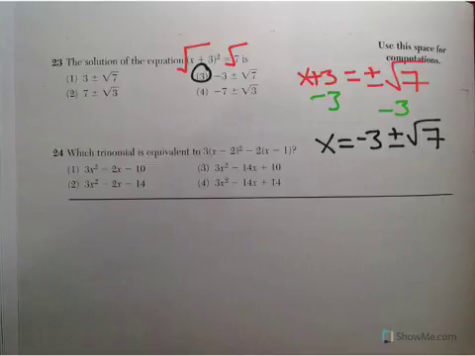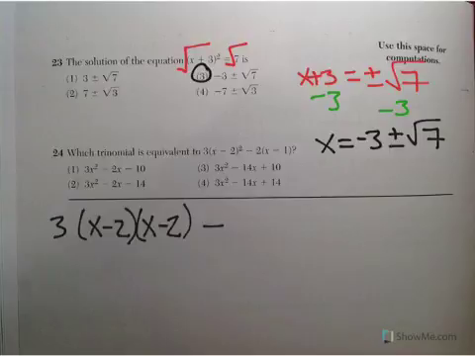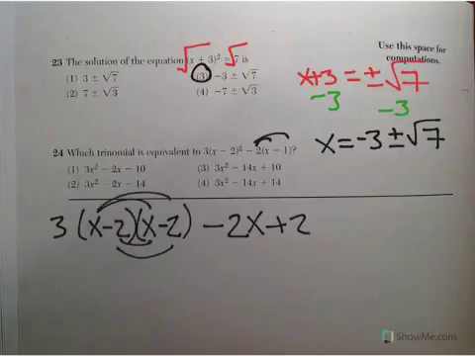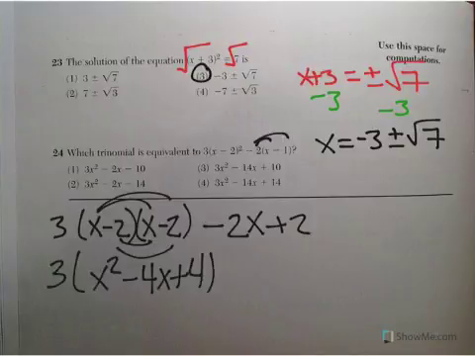24, which trinomial is equivalent to the following? Well, first I have 3 times x minus 2 squared, which is just x minus 2 times x minus 2, minus, I can distribute this negative 2, so I'll have minus 2x plus 2. Let me do this double distribution, so I'll have 3 times x squared minus 4x plus 4 when I combine like terms, minus 2x plus 2.